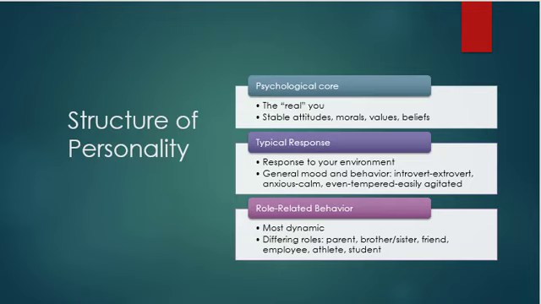And then we have our role-related behavior. And our role-related behavior really deals with the different hats that we wear throughout the day. Now, for instance, I wear an instructor hat, I wear a coach hat, I wear a parent hat, I wear a husband hat, I wear a friend hat, all within the same day. And generally speaking, I don't vary that much in my behavior, but for instance, I don't go home and try to be a coach to my kids, right?